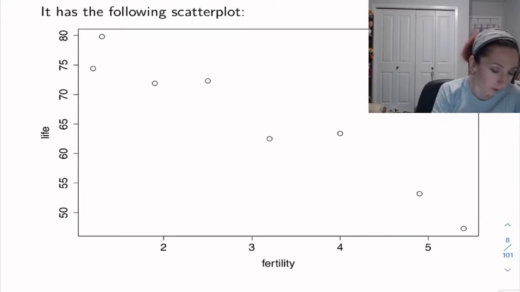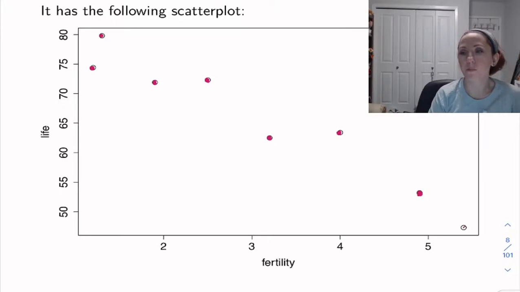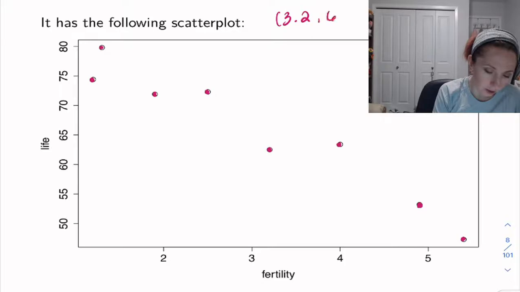Now I can go through this and I will notice that I have 1, 2, 3, 4, 5, 6, 7, 8 different points, each one representing one of our 8 different countries. And we said we were going to look for that 1 point at 3.2 and 62.5. So let's take a look.